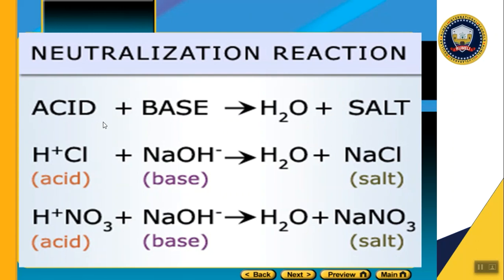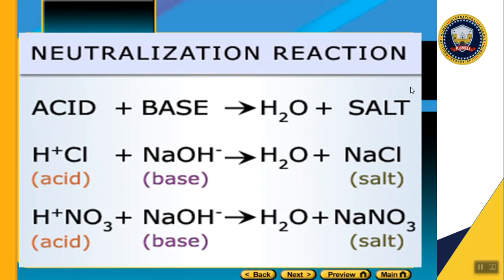The second case, if we react weak acid and weak base, what will happen? The same as before, like the first case. If we have weak acid and weak base, the degree of ionization will be the same.